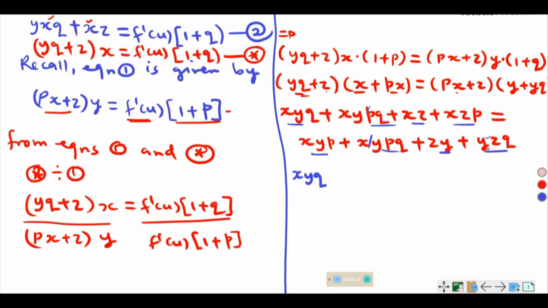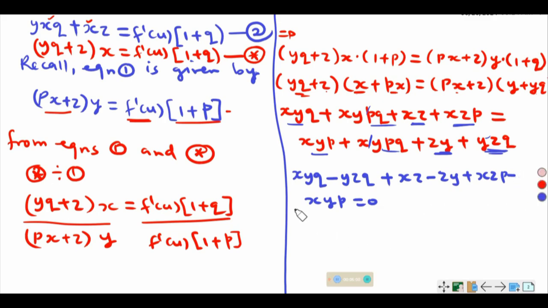I will also subtract the expression containing q, that is minus yzq, plus xz. I will subtract zy, plus xzp. We shall also subtract xyp, and this should give us 0.